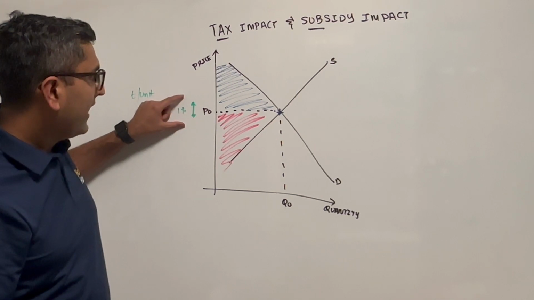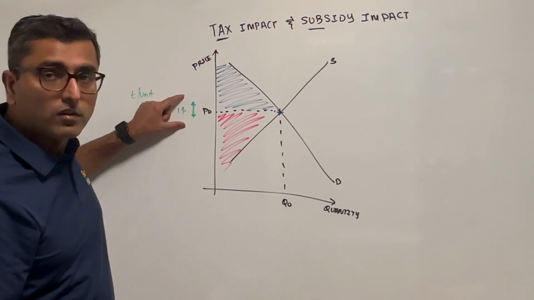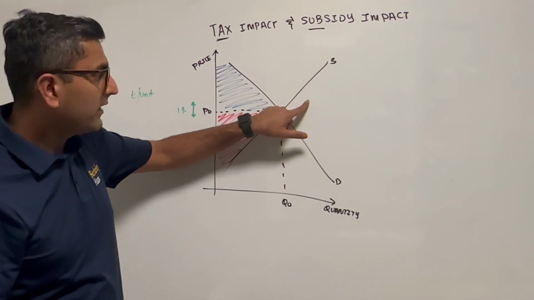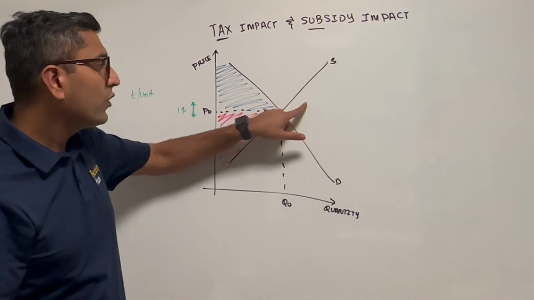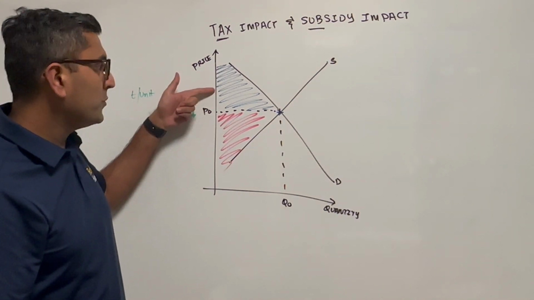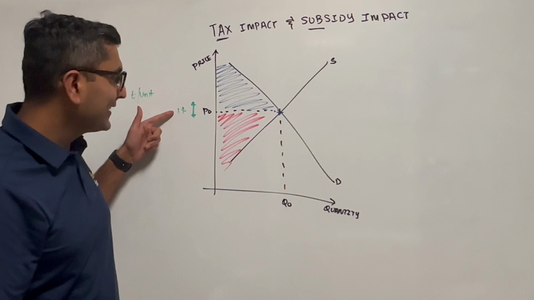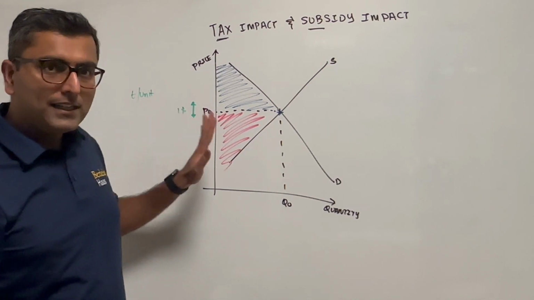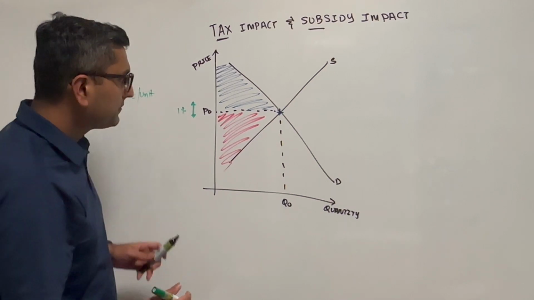And depending on the elasticity of demand or supply, which one is more inelastic, we will see who pays for it more compared to the other one. Is the consumer going to pay this $1 tax, or is the producer going to pay? So let's imagine they split it in half.